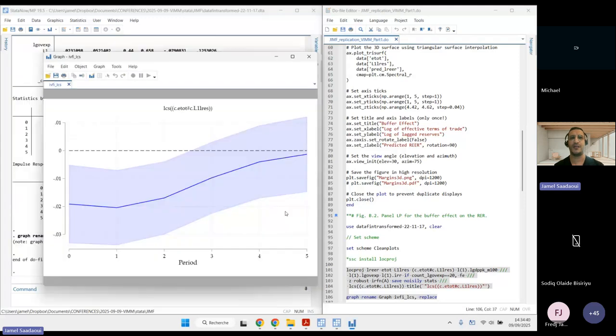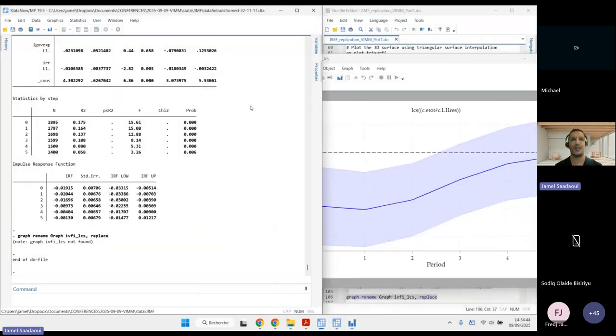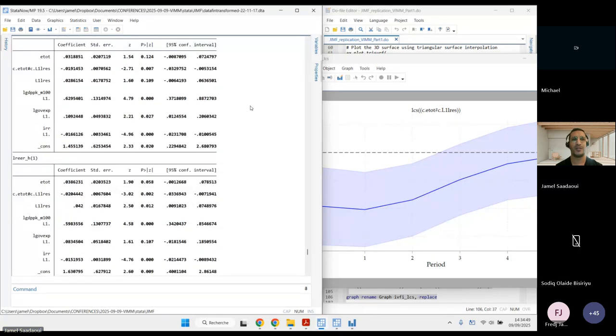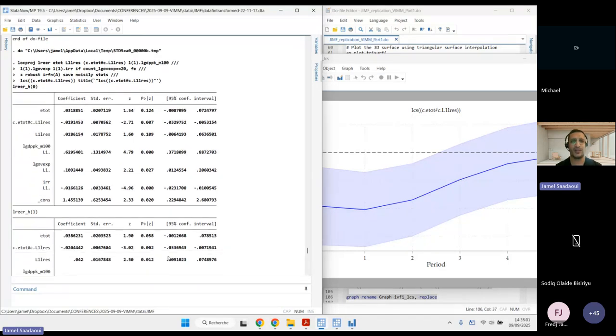What you can see here is exactly what the package is doing: for each horizon, a regression. And as the shock is on the interaction, we are going to be very interested in this coefficient in particular. Each horizon, we look at this coefficient.